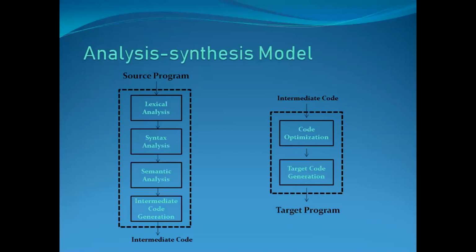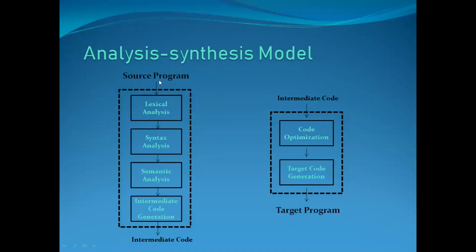The last topic of this lecture is that sometimes the compilation process is called the analysis-synthesis model. Why? Because if you see the first 4 phases, your source program is converted into intermediate code after 3 kinds of analysis.